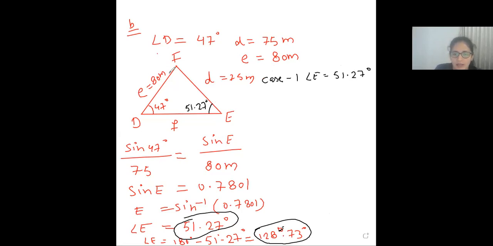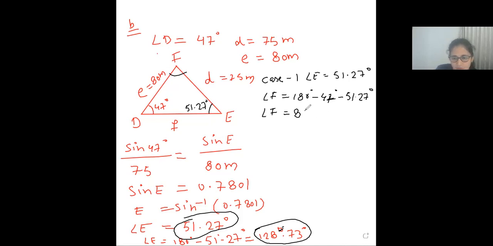What will be angle F? Simple triangle application here: angle F is equal to 180 minus 47 minus 51.27.